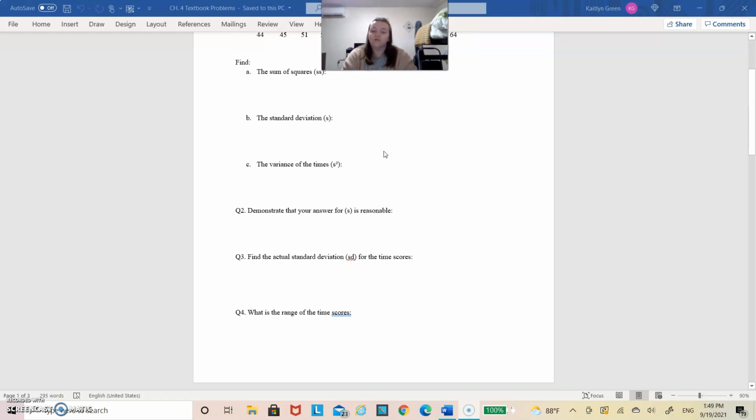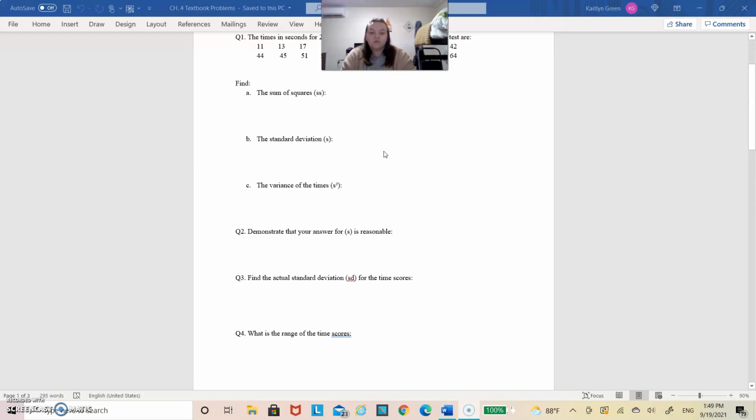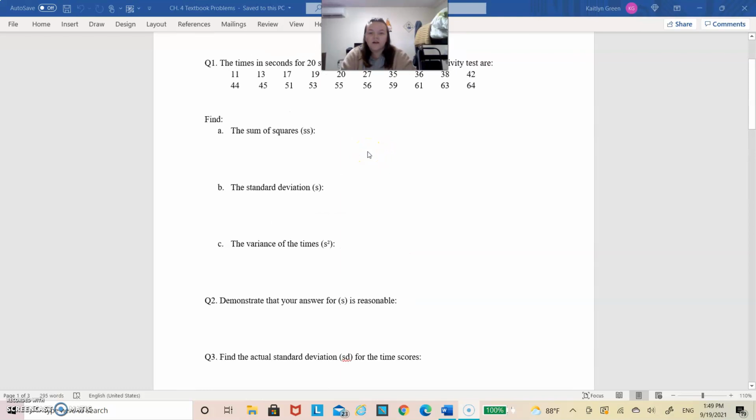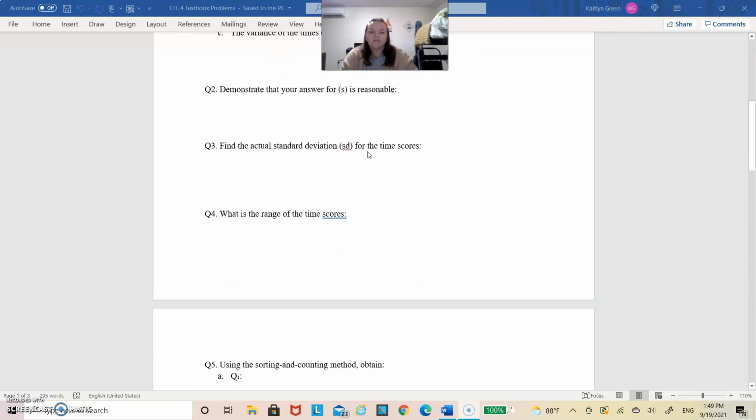Question 3 then asks us to find the actual standard deviation, which is going to be labeled as SD, for the time scores. And it is pretty much the same equation as the other ones before. I did this last time too. However, this time it'll just be SD equals the square root of the sum of squares divided by n.